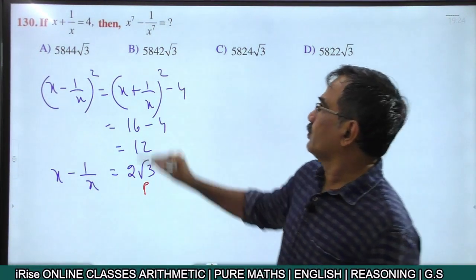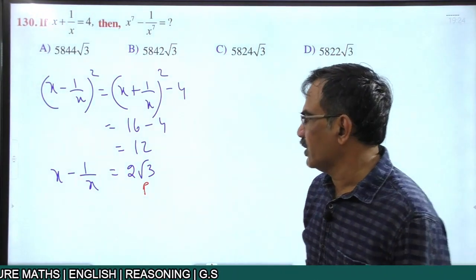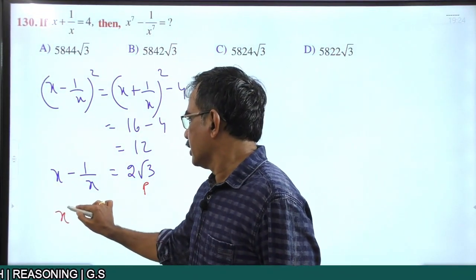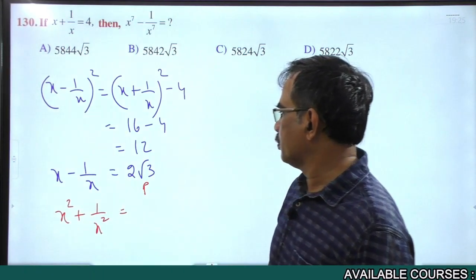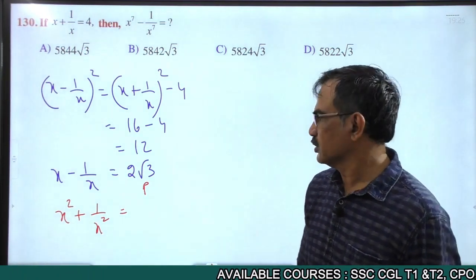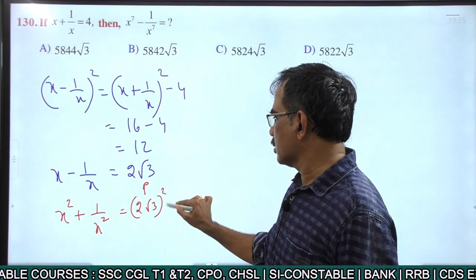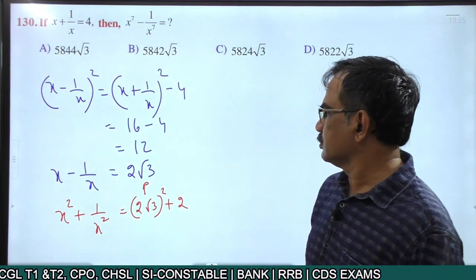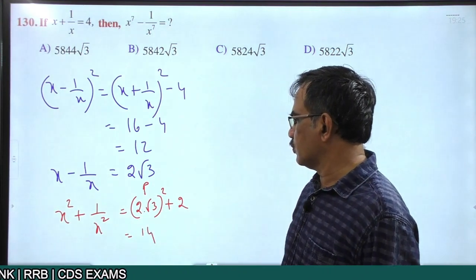To find x power 7 minus 1 by x power 7, first I want to find x square plus 1 by x square, which is equal to p square plus 2. P square, 2 root 3 whole square plus 2, which is 4 into 3 is 12, plus 2, 14.